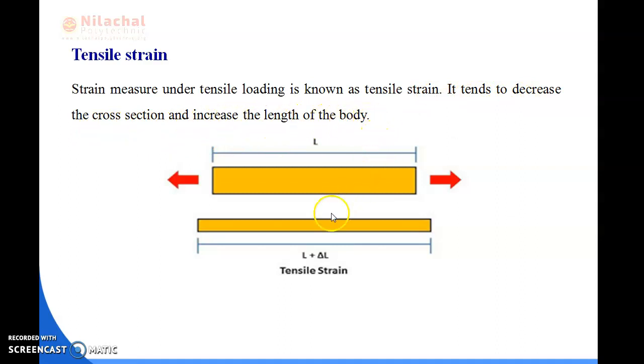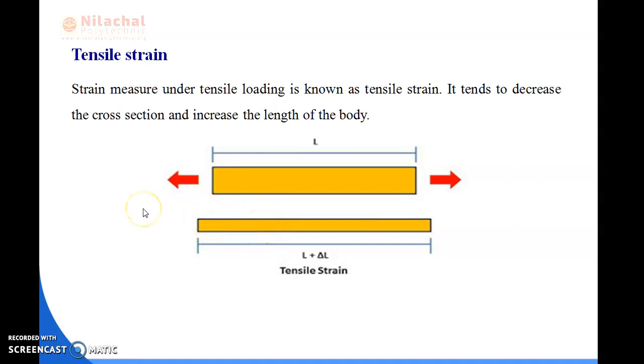Okay, so tensile strain means that while a body is subjected to a force which is tensile in nature, the body is subjected to tensile strain.